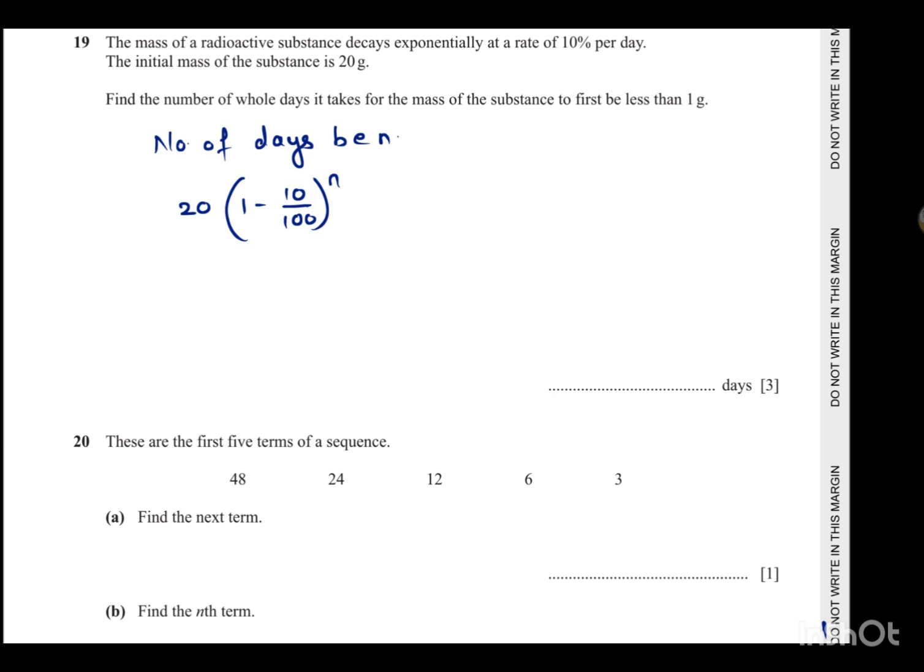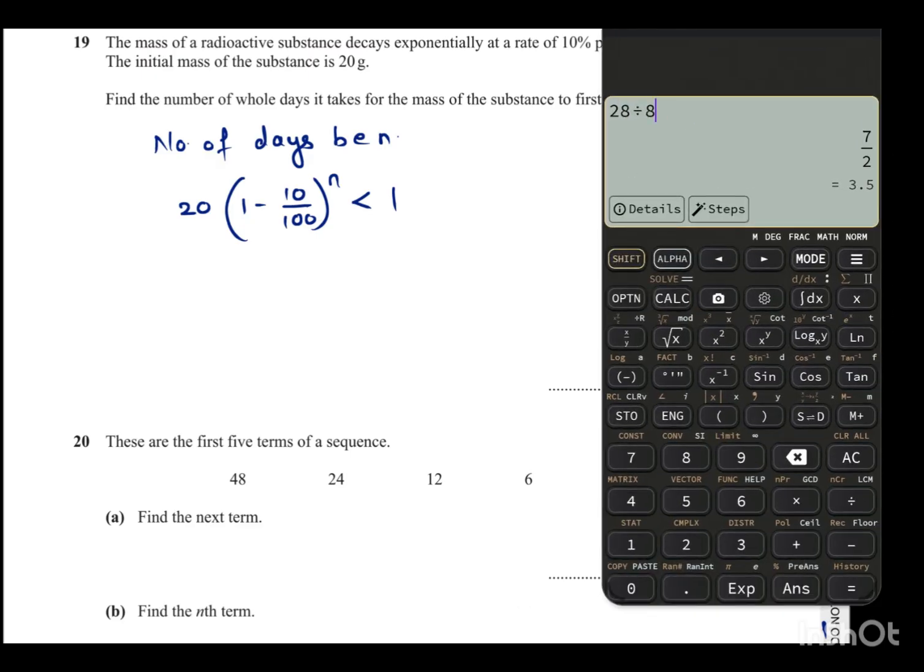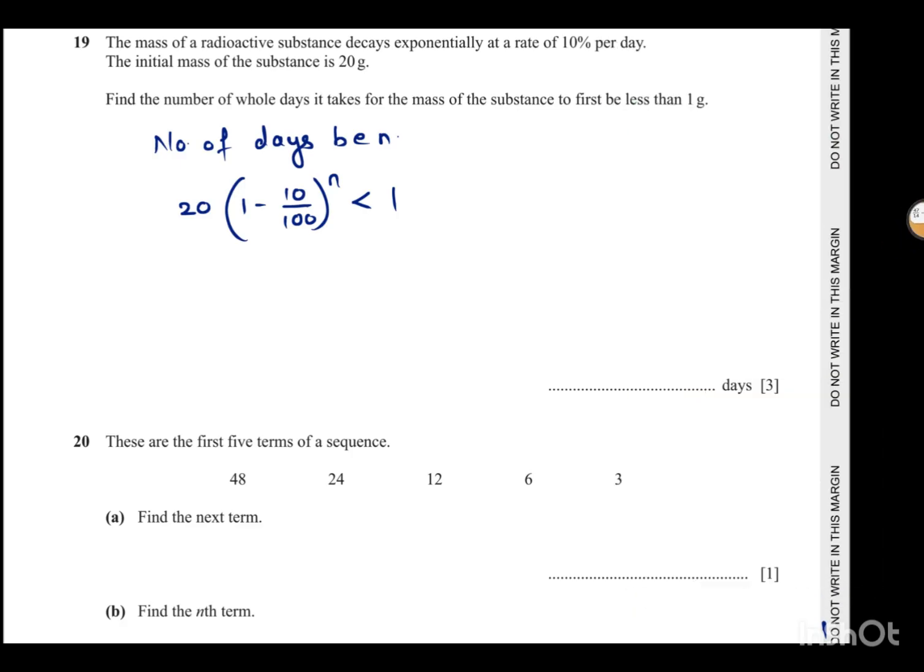We need to find the value of n where it should be less than 1. We'll try in the calculator, changing the values of n until it becomes less than 1. And we can also write 1 minus 10 by 100 as 0.9. Let me write that also.